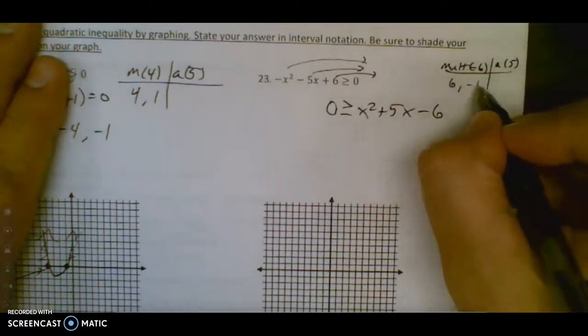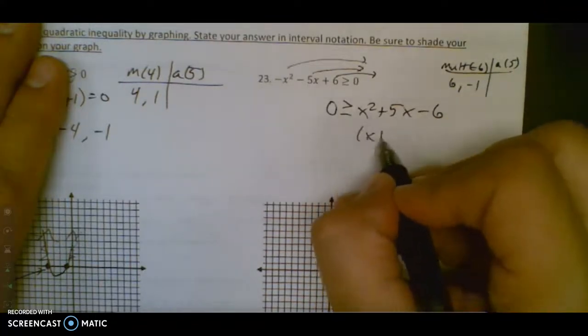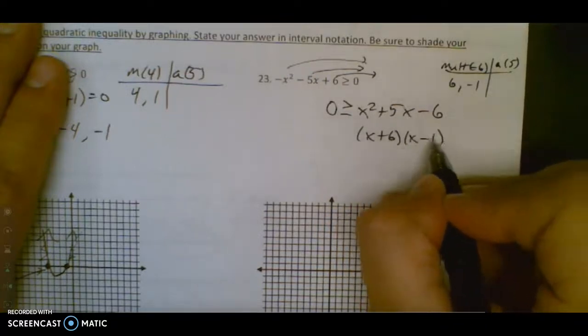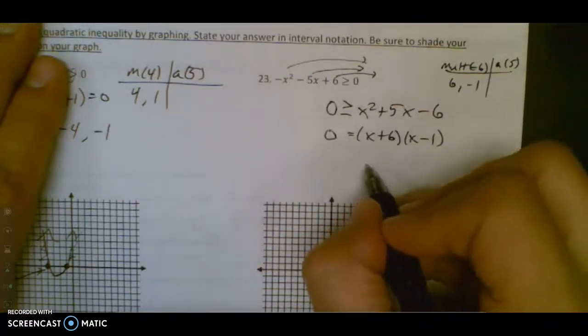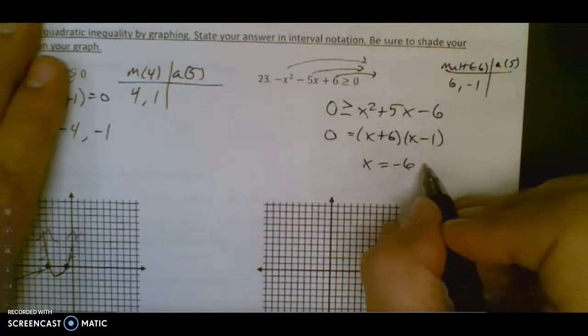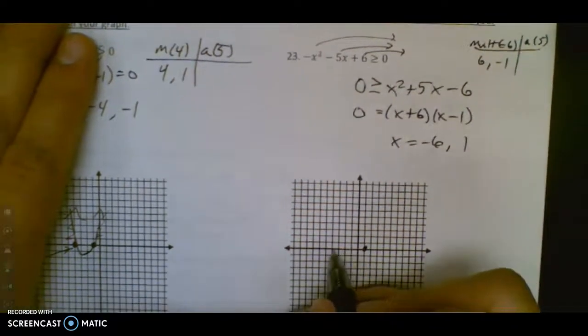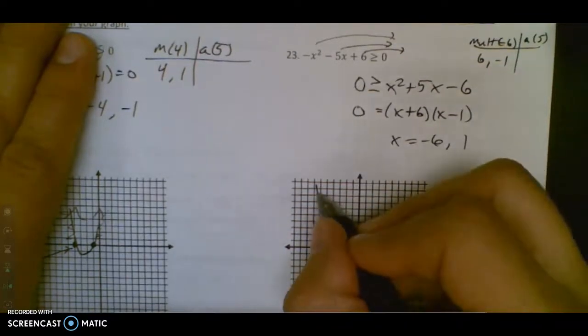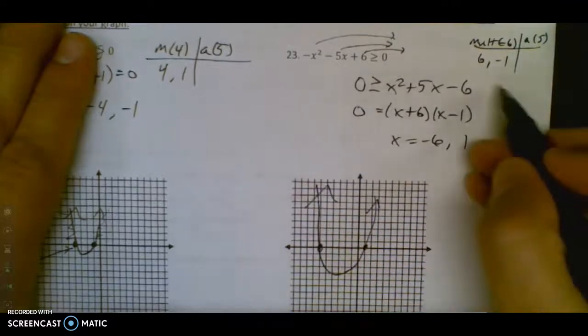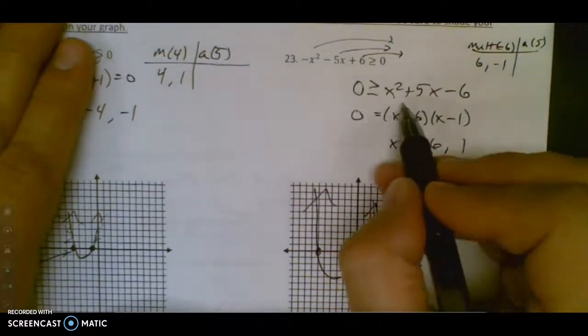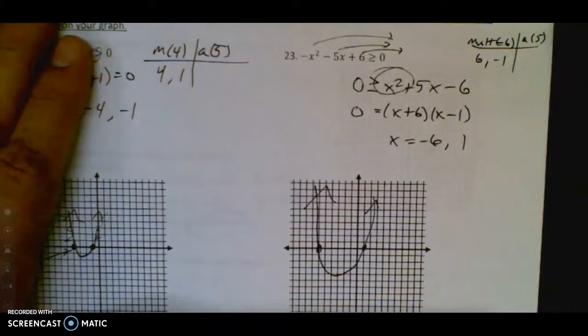That would be 6 and negative 1, right? And I'll have my two answers of negative 6 and 1. Those are my two x-intercepts. 1, 2, 3, 4, 5, 6. Boom. And now my graph goes up. Originally it was going to go down, but when I moved everything to the other side, I made it positive and I make my graph go up.